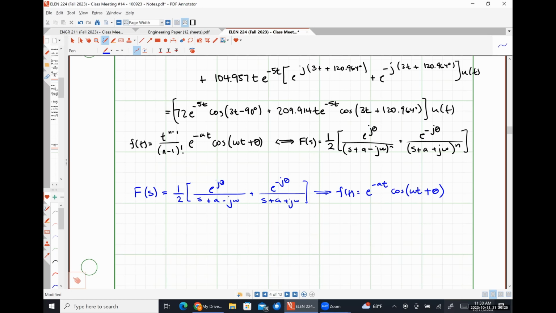And because I have a factor of 1/2 over here, I need to effectively double it to get the right number in the time domain. So if I had 36, I double it to get 72. Just like here, I had 104.957, multiplying it by this thing, which is equal to twice cosine, is what forces me to double that number to get the right number in the time domain. Any other questions about this horrifyingly ugly thing?